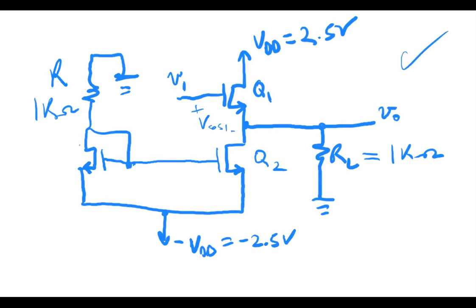So let's see. So we have that. It says all 3 transistors are identical. So another thing is that all the transistors have a VT of 0.5 volts.